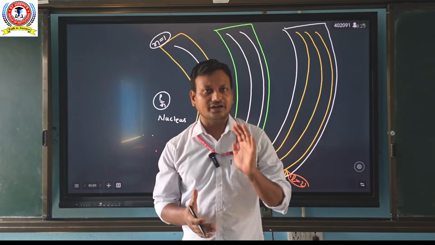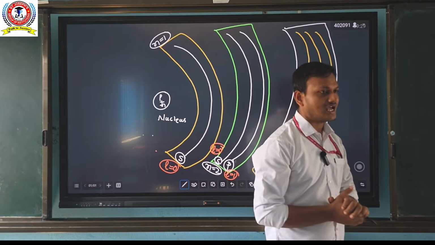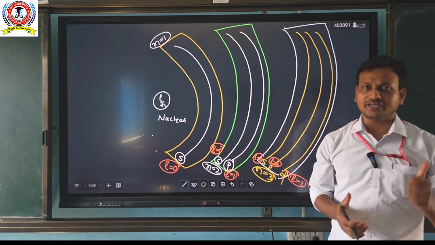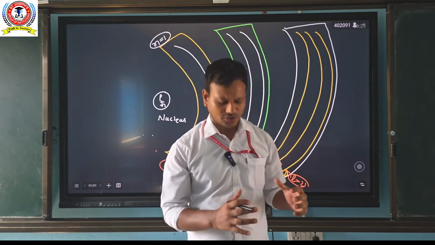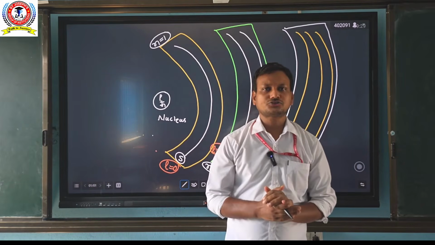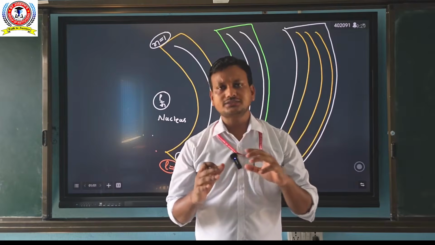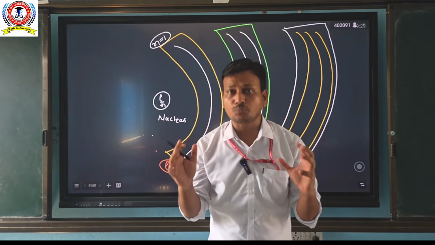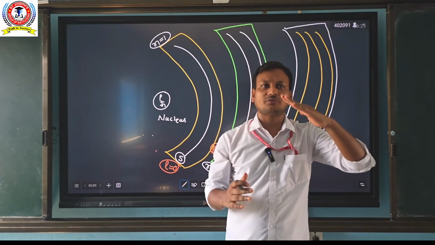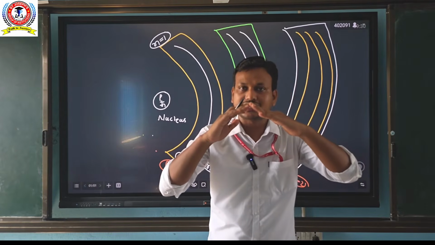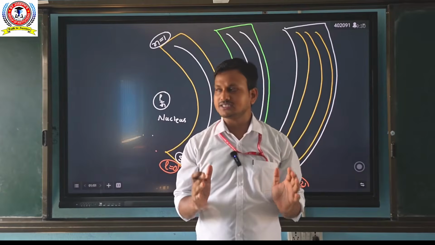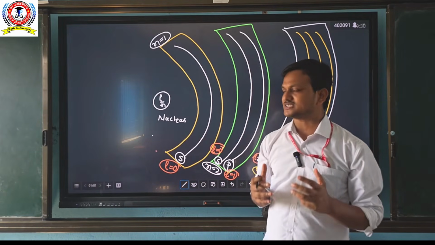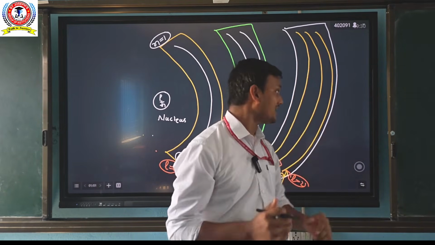That means D subshell has 5 orbitals, and the 5 orbitals are dxy, dyz, dzx, dx square minus y square, and dz square. Also, we know that d orbitals are classified into two parts: non-axial d orbitals and axial d orbitals. Non-axial orbitals are dxy, dyz, dzx, and axial orbitals are dx square minus y square and dz square.